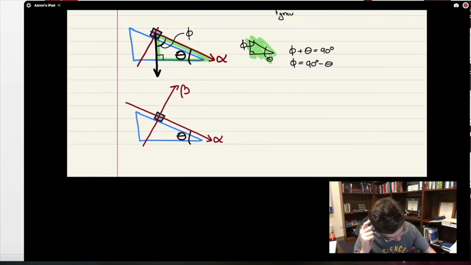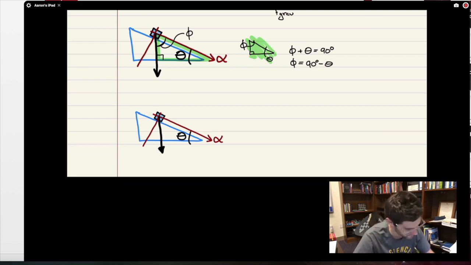So again, let me redraw gravity pointing downward. I get rid of the parts that I don't care about right now. I might even get rid of the parts of the ramp that I don't care about to make it even more obvious.